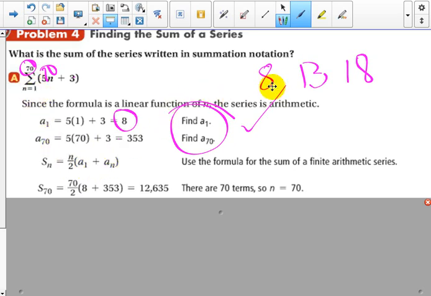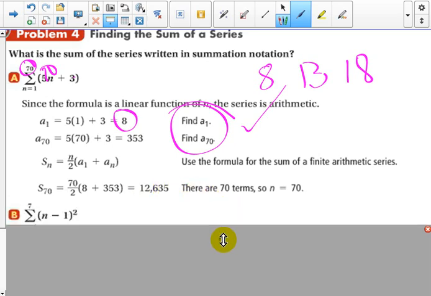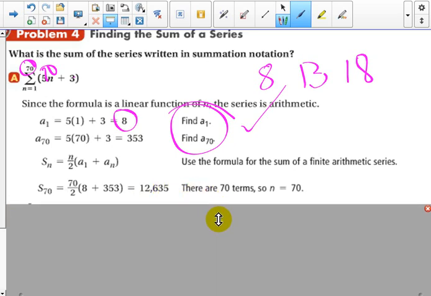So it's going to be 8 plus 353. Add those together, multiply by 35, and you're going to get 12,635. And that's how you work these. This is easier than all of it, right? And you'll work through.